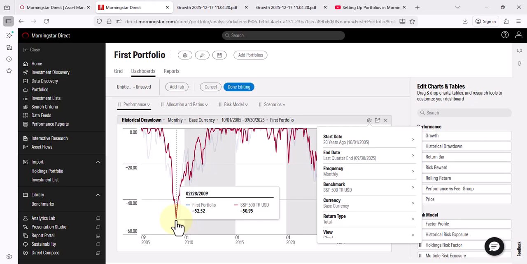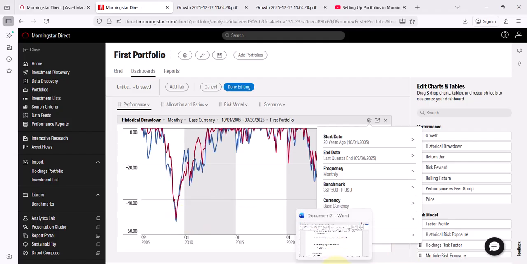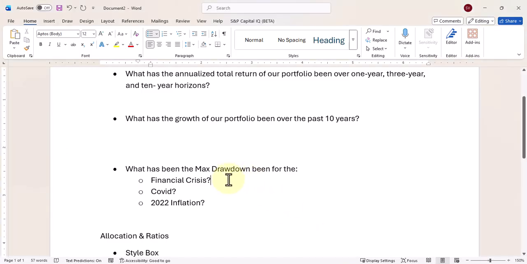So if I want to answer these questions, our max drawdown for the first portfolio was negative 52.52%. For the S&P 500, it was 50.95%.